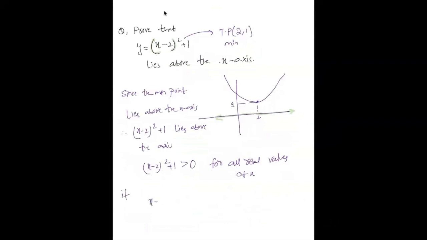If (x minus 2) squared plus 1 was less than 0, that's a wrong inequality. That's not possible. You can see from the graph that there are no values of x for which this graph is ever going to go below the x-axis. Okay, sir, understood.